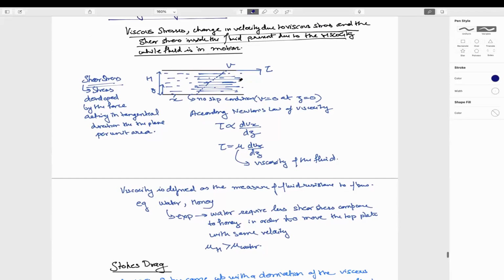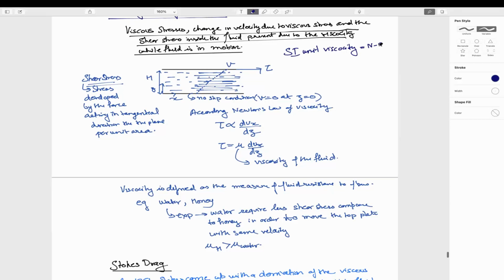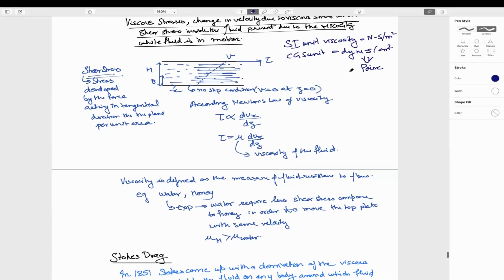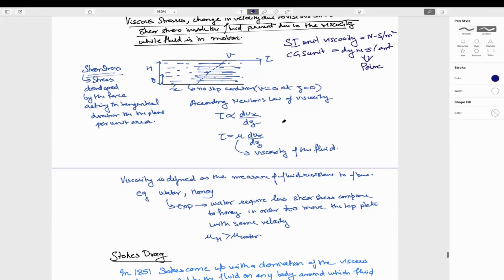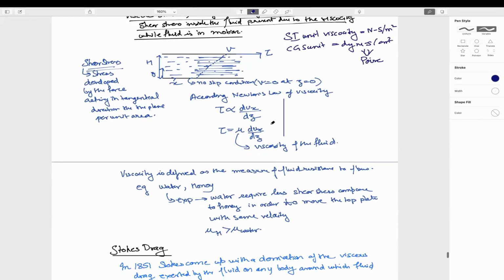So when I am discussing this, I just want to put the SI unit of viscosity, which is Newton second per meter square, and the CGS unit is dyne second per centimeter square, which is also equal to poise. Okay. And there were a few questions that were asked on the dimension of viscosity in general.